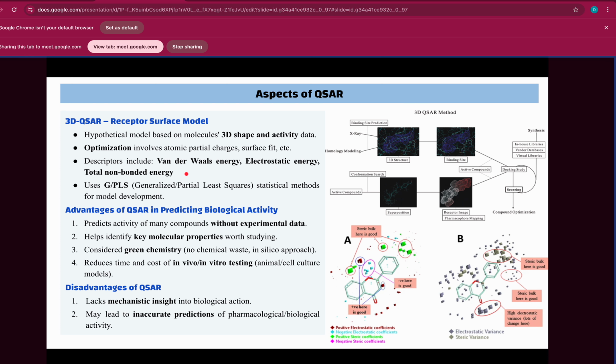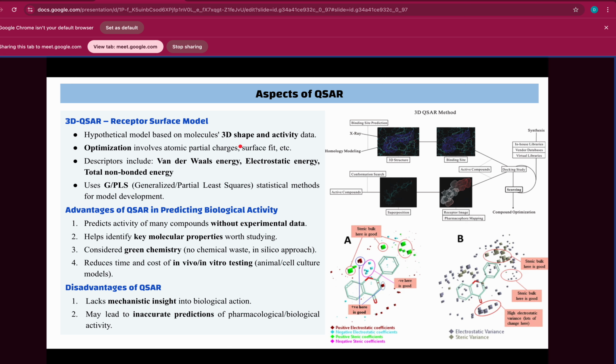For different structures, these calculations are done to find the overall energy of that particular protein structure, because this is based on the receptor surface model. It uses GPLS, that is the generalized partial least squares statistical method, for model development. All those steps are not repeated, but the steps will be the same, except we are starting with the receptor.